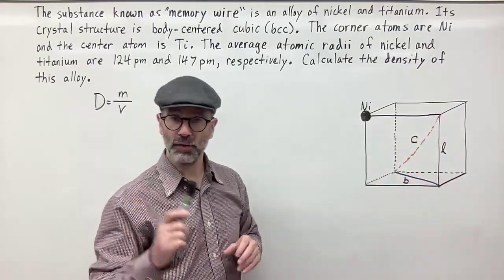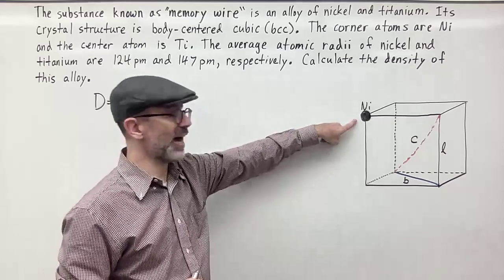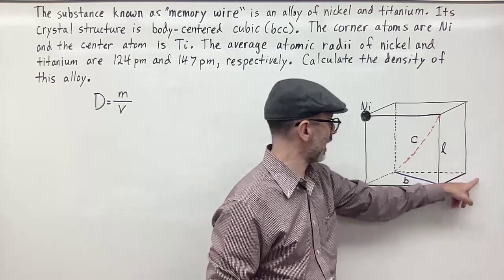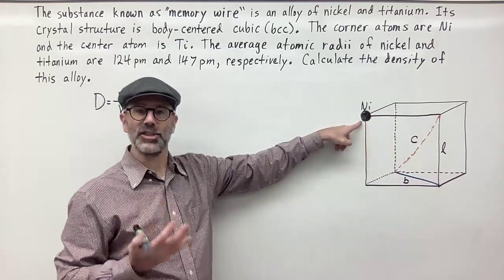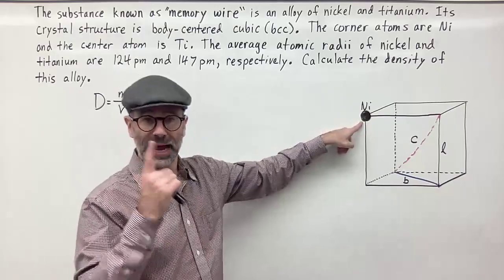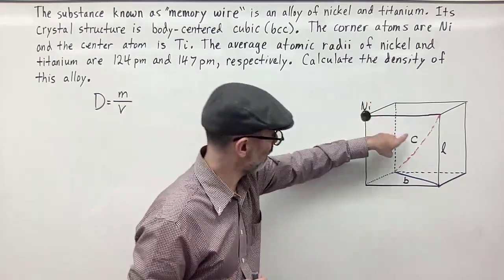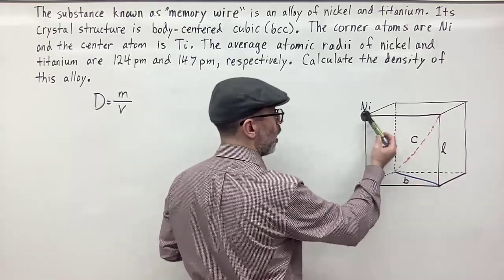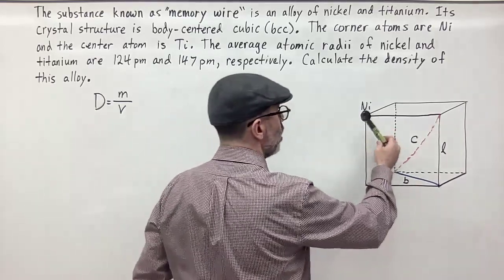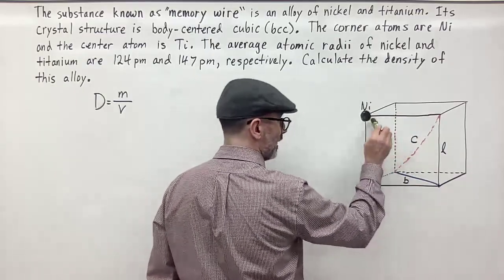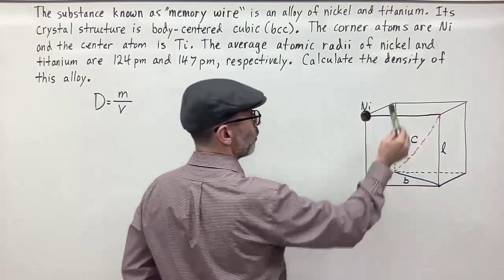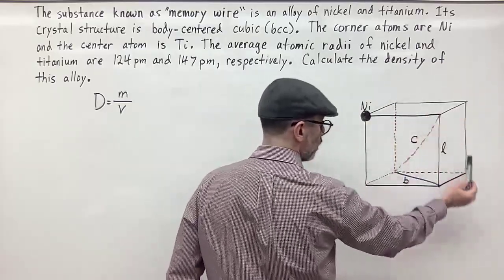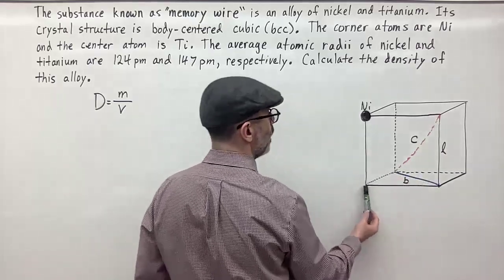So we already have part of the answer. We said that a nickel atom is at each of the 8 corners, and 1/8 of each nickel atom is found within this volume here. So we have 1/8 of a nickel atom in the volume from this corner, but we have 7 other corners: 1, 2, 3, 4, 5, 6, 7, plus this one.